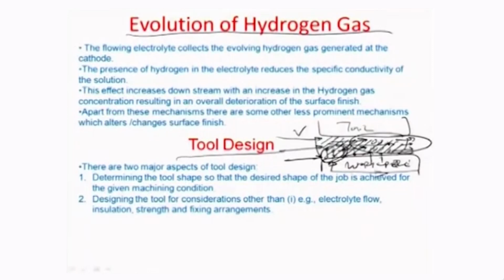So, there are two major aspects when we talk about ECM. One is of course the tool design, okay, and another is the flow design, the system of flow, and the tool design is important because of two reasons. One is that the tool shape so desired is exactly the negative replica of the shape that you are wanting to embed or imprint onto a surface.